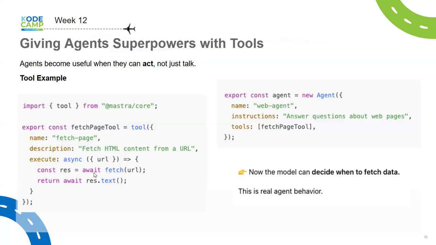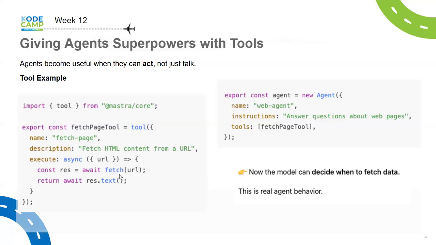Then you have this execute function, which is what will be executed when the agent wants to run this tool call or this tool. You have to pass in the parameters in this destructured form. Then you do whatever you need to do inside that function and you return it.